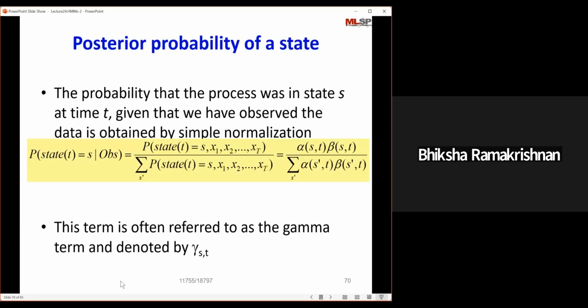There's a product rule. So the probability of the state given the observation is going to be the probability of the state and the observation sequence divided by the sum over all states of the joint probability of the state and the observation sequence, which is simply alpha times beta divided by the sum over all s prime of alpha times beta. Does this make sense?